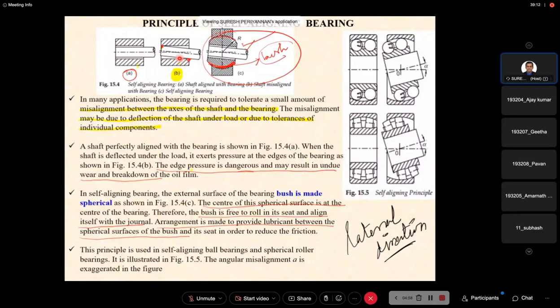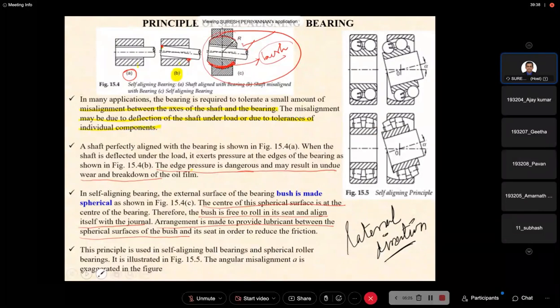Hence the journal is going to fail. To avoid that, we use a spherical-shaped bush, inside which the shaft is connected. Then small misalignment can be adjusted by this mechanism. That is the principle of the self-aligning bearing.